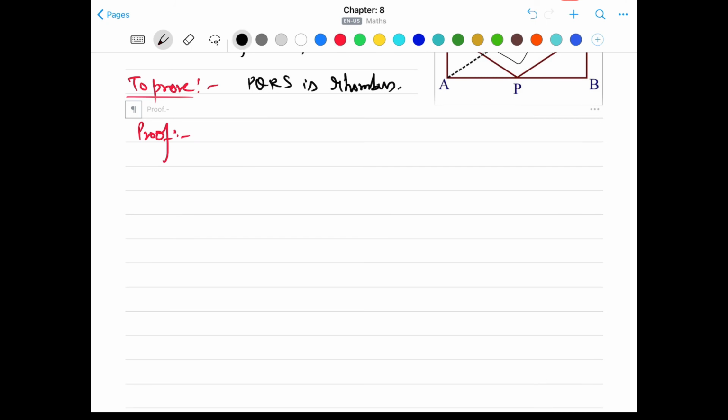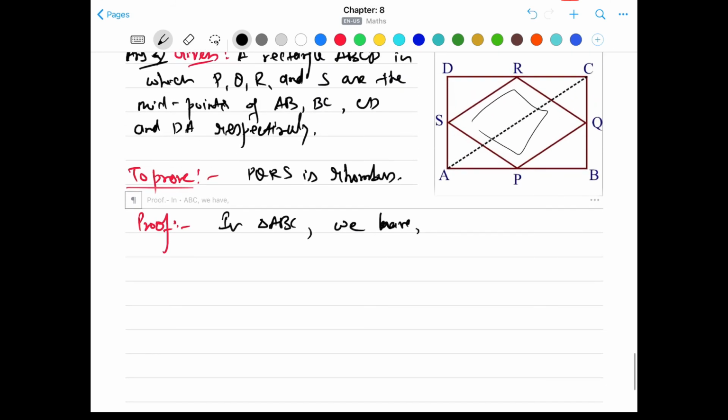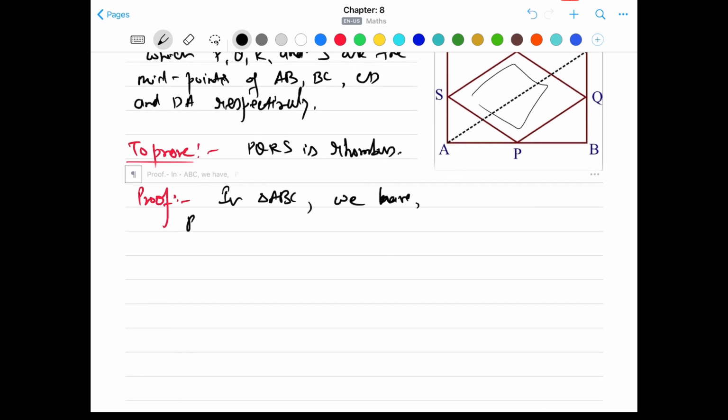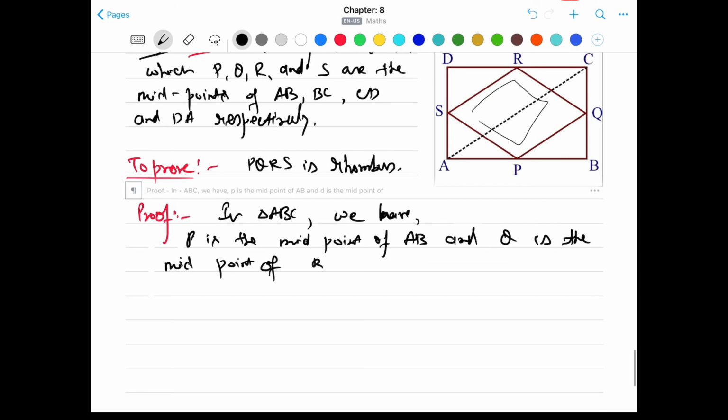So we'll write in triangle ABC we have that P is the midpoint of AB and Q is the midpoint of BC.